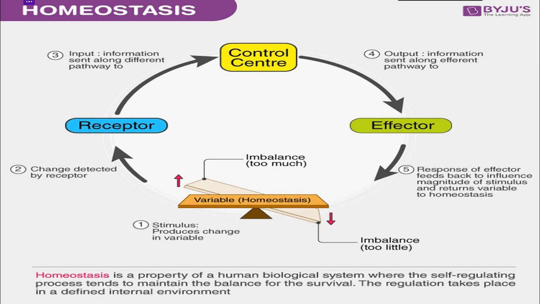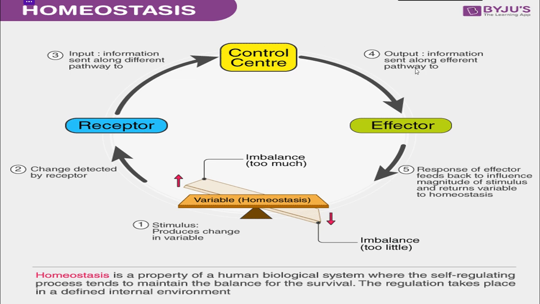For example, here we have a diagrammatic representation of homeostasis. Number one, we have a variable in homeostasis, and the change is detected by a receptor. Number two, the receptor detects the change, and the information is sent along the afferent pathway to the control center. Number three, the control center brings about the output.